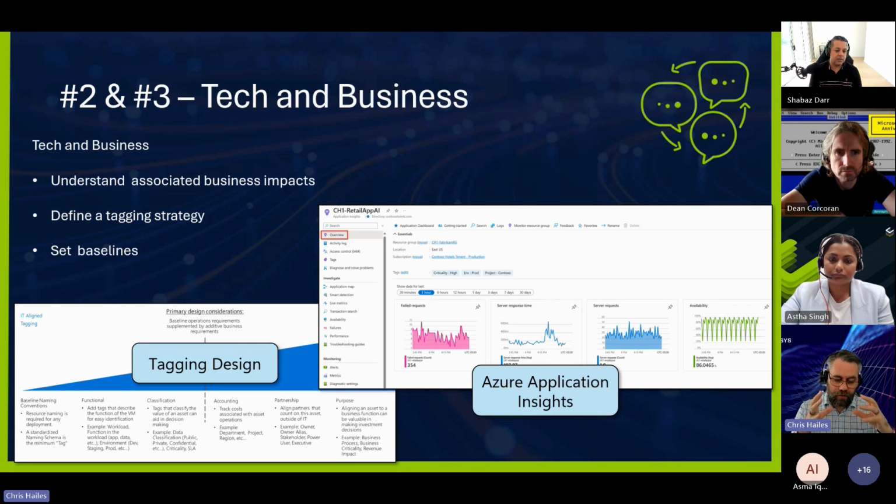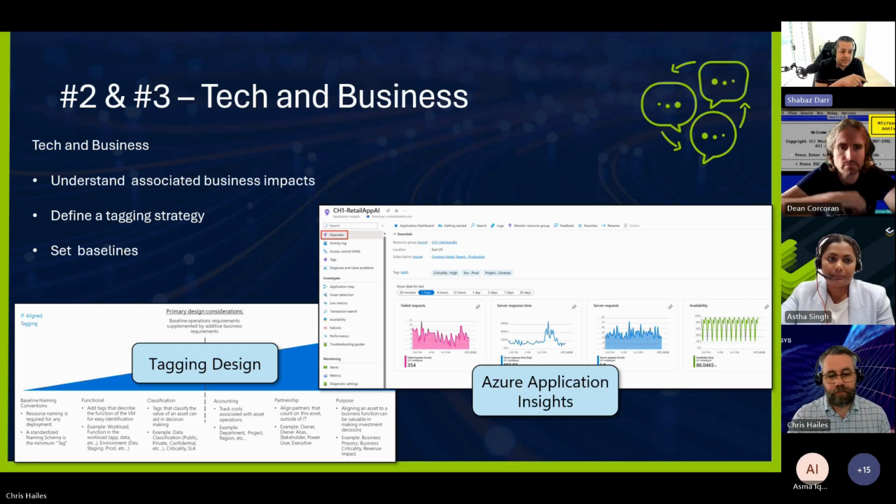Calling out the tagging taxonomy in a clear and consistent manner, making it easy to report against, and also making sure you're having those application insights, defining what they are about, and determining the criticality of that application, its function, its performance, but also its cost. We can have app insights for understanding CPU and memory, but we need to have the same kind of level of visibility when it comes to cost.